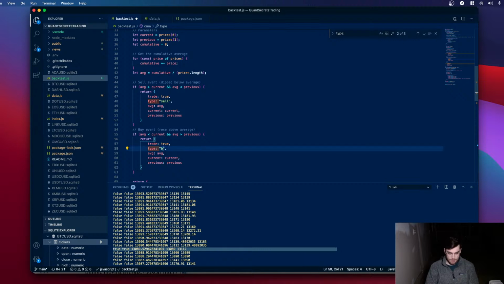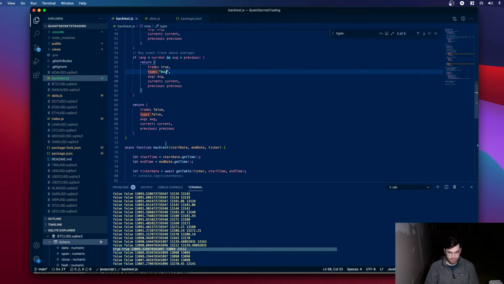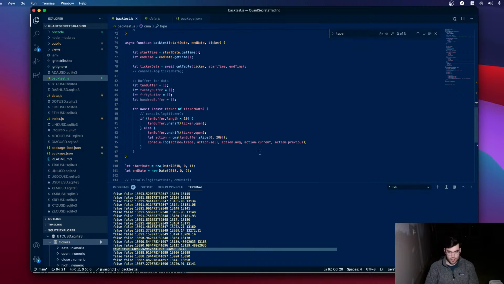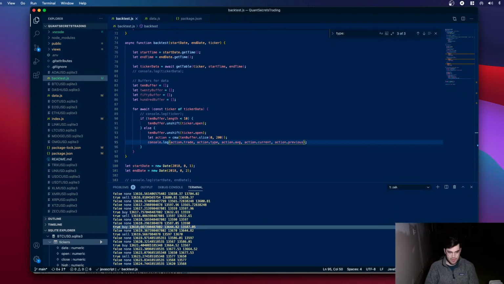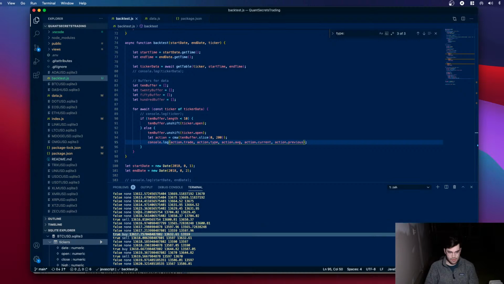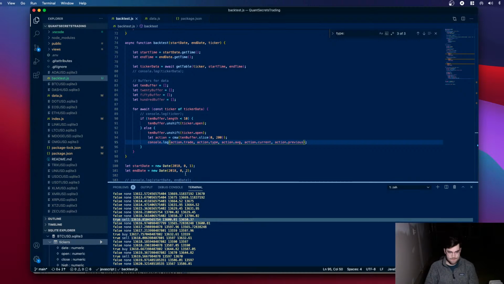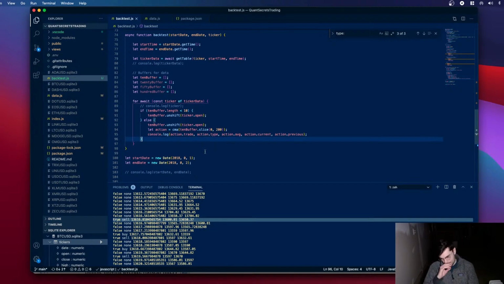This will be a buy. And instead of saying action.sells, we type. Let's do it again. Sweet. So I had no doubt that it's working.